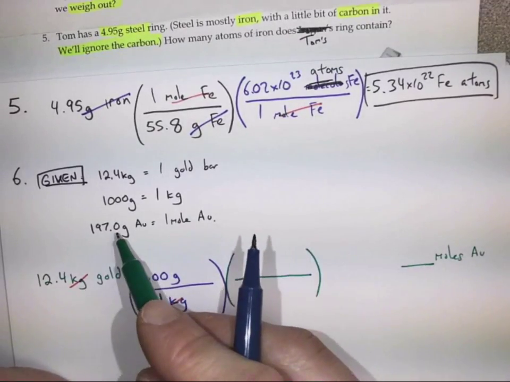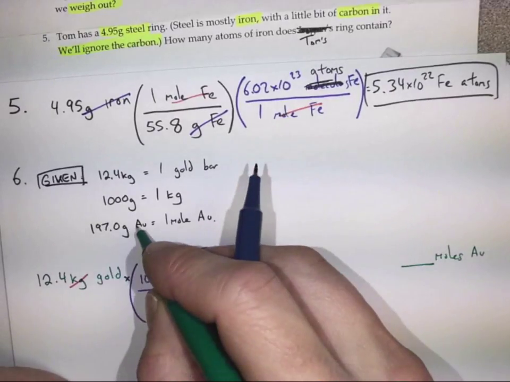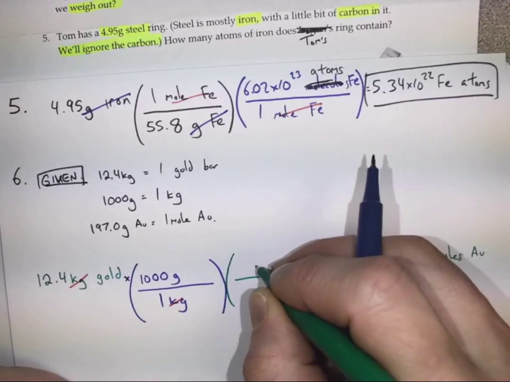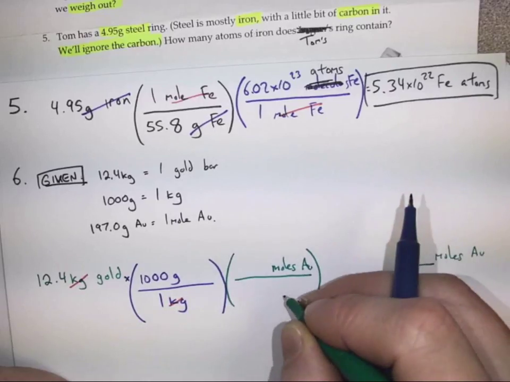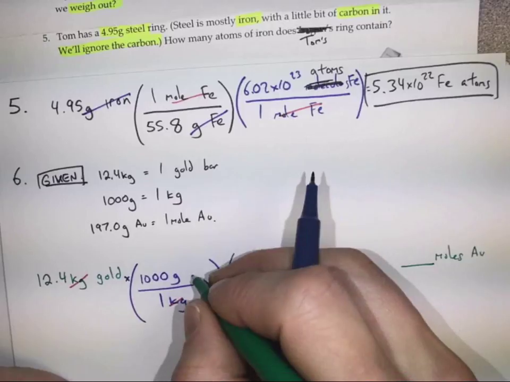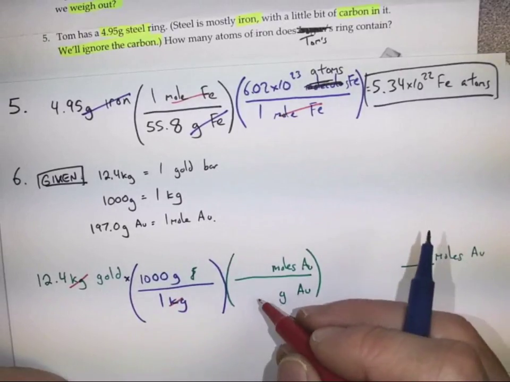So then I know that I can put grams down here. I want grams of gold to turn to moles of gold. So I'll put moles of gold up here, and down here will be grams of gold. But how many?